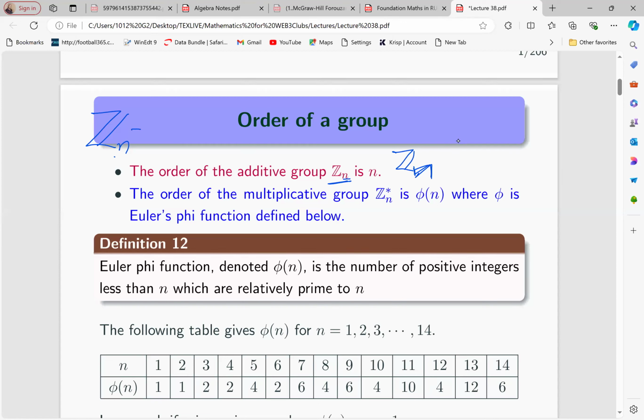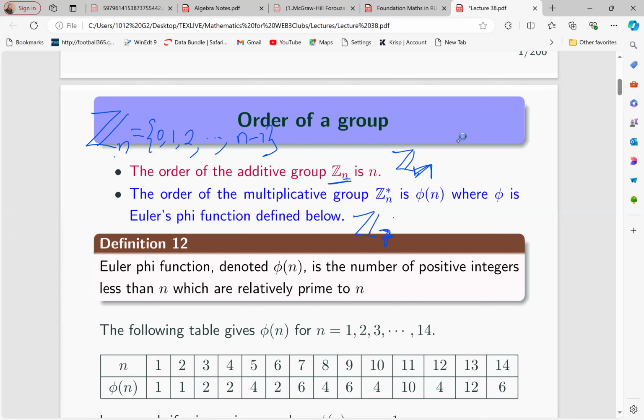In fact, this is the group comprising the elements 0, 1, 2, all the way up to n minus 1. So when you count these elements, you'll find there are n of them. For instance, Z7 is the group of integers mod 7.